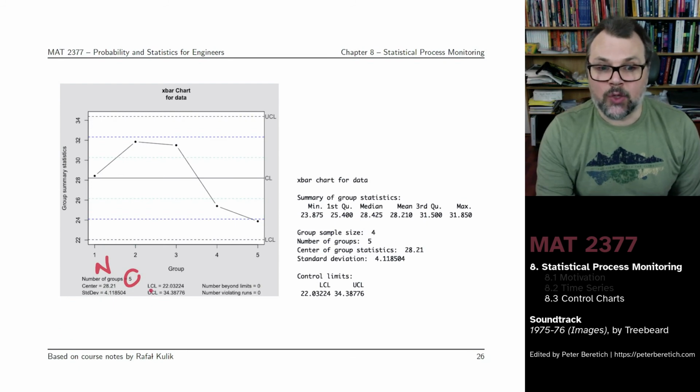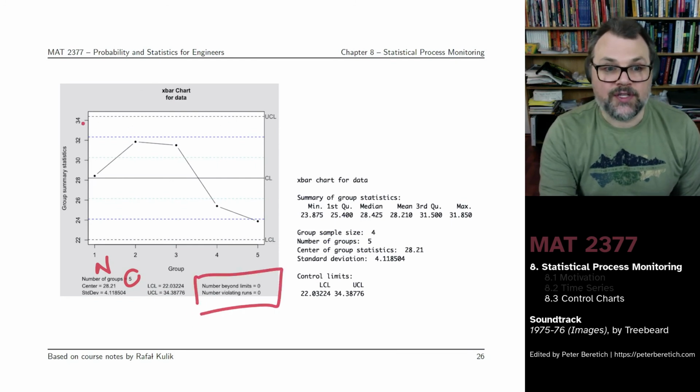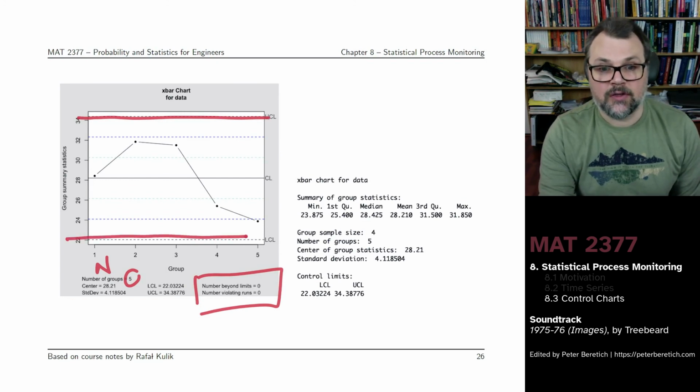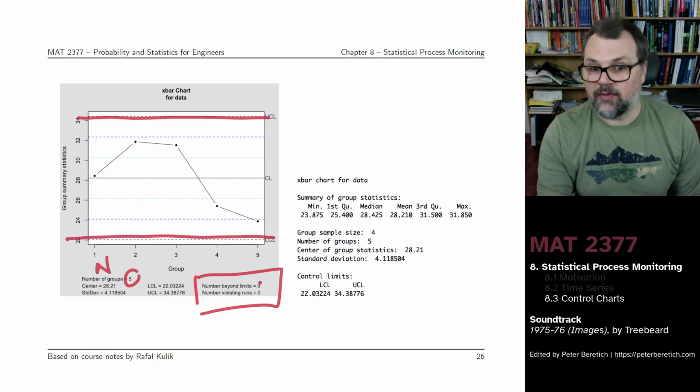We get a lower control limit at 22.03224 and upper control limit at 34.38776. There are a number of default rules in there, but what we're seeing is that no sample means are outside of the limits, and there's no violating runs.